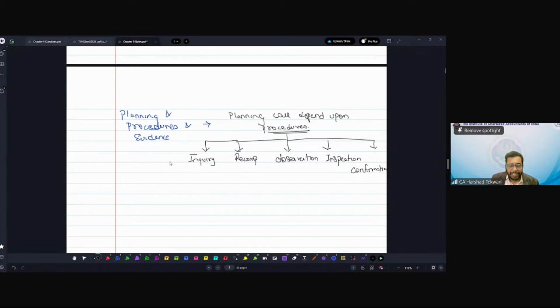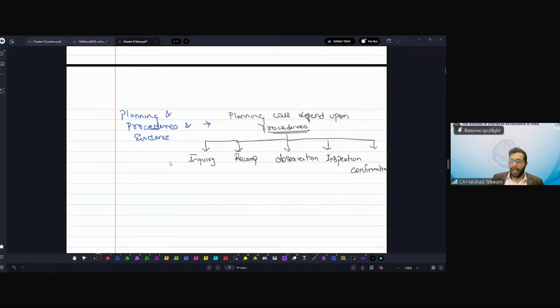So these can be the procedures which I can perform, and on the basis of that, I can decide my planning. Let's say if I want to perform inquiry and observation, I may choose to observe a particular procedure or a particular activity that management is performing. So I have to align with the management's dates. When you are going to perform that activity, I'm going to observe.